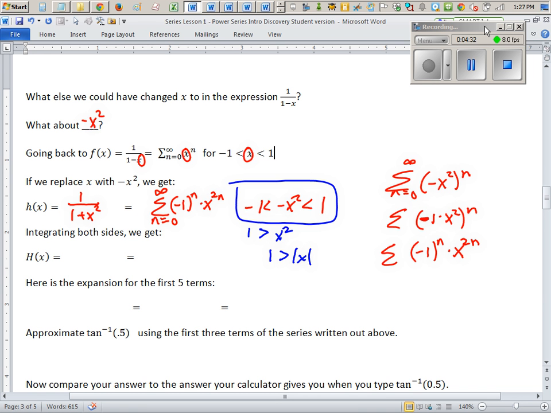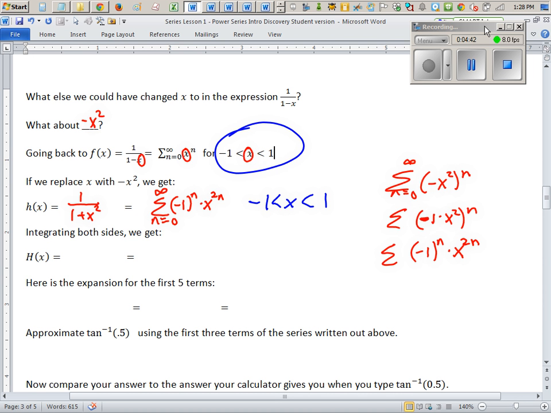Negative 1 is less than x is less than 1. So somehow we came all the way back full circle. But changing the x to a negative x squared here actually did nothing. That was kind of funky. We did several steps and we came right back to this fact. x is between negative 1 and 1.